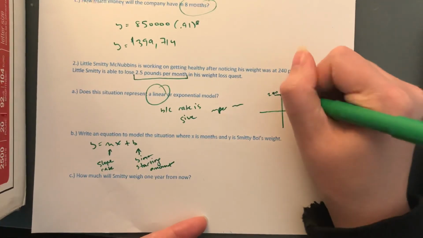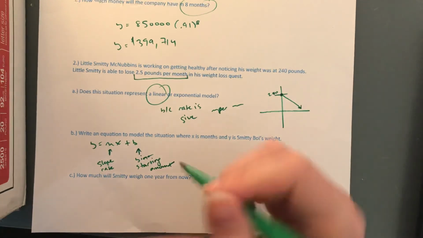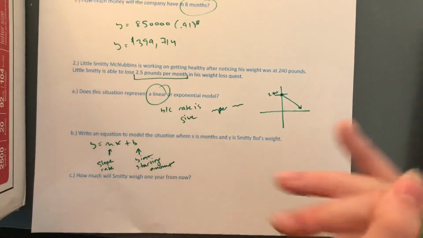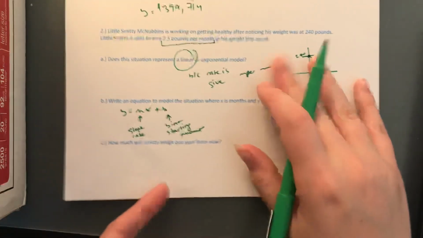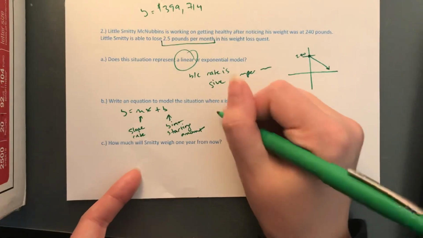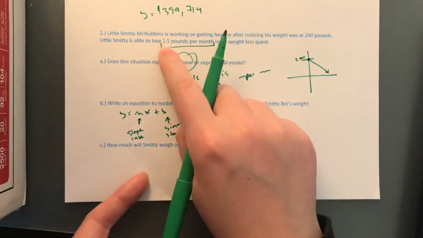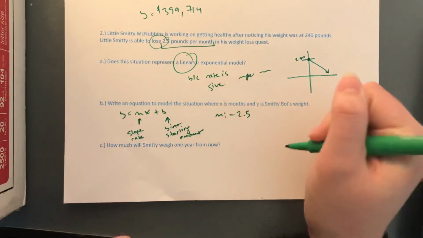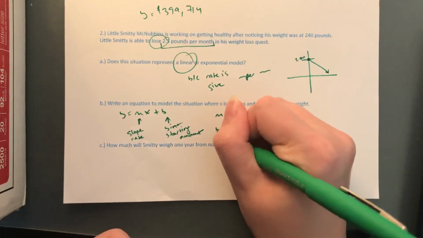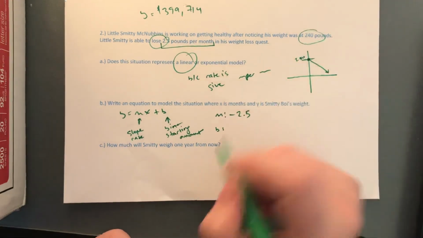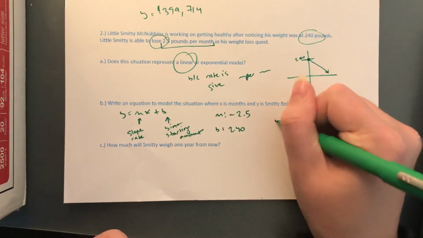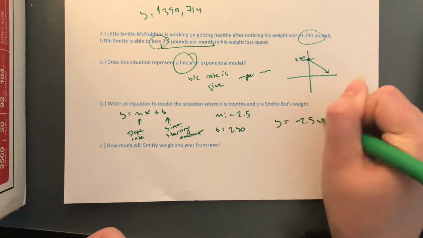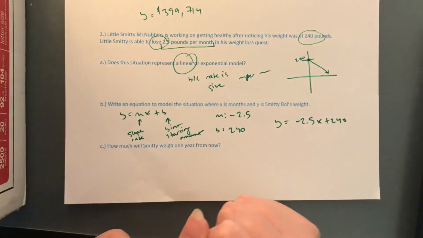And it should be going down continually because he's trying to lose weight. So your slope should be negative. So your m value should be negative. He's losing 2.5 pounds per month, so negative 2.5 is your slope. And then your b value, his initial amount was 240 pounds. So your equation is y equals negative 2.5x plus 240.